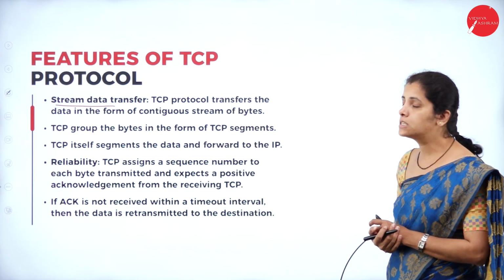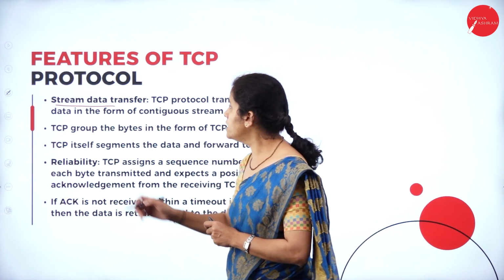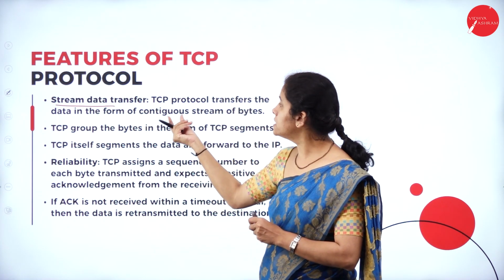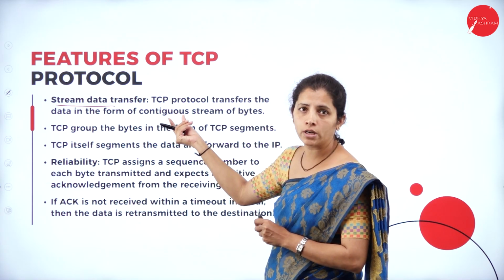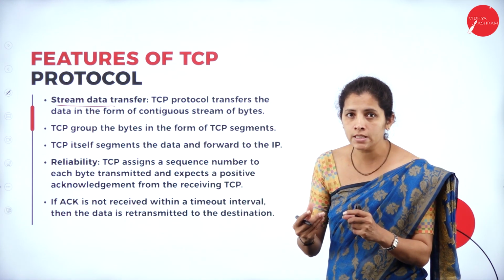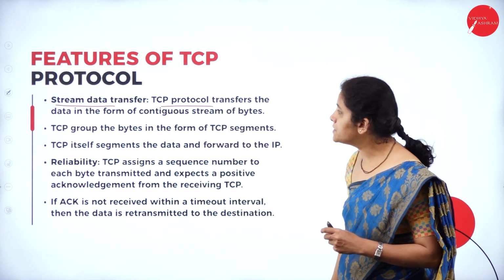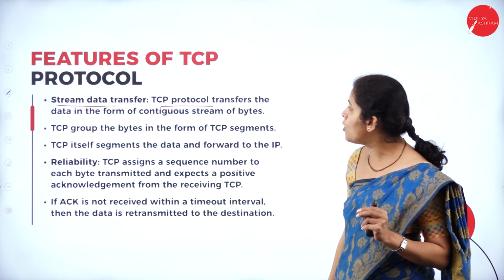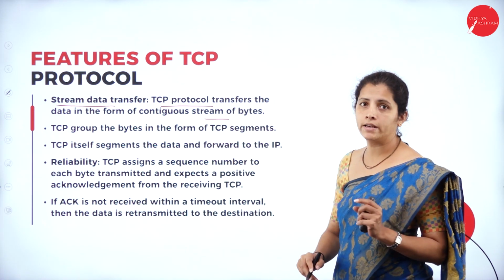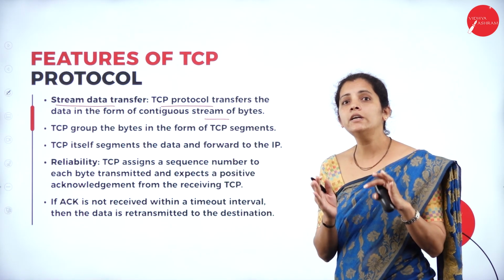Now let me discuss the features of TCP. So here, stream data transfer. Stream data transfer in the sense what? It's going to transfer the data continuously. So the TCP protocol transfers the data in the form of a continuous stream of bytes. So I'm going to transfer the data continuously.